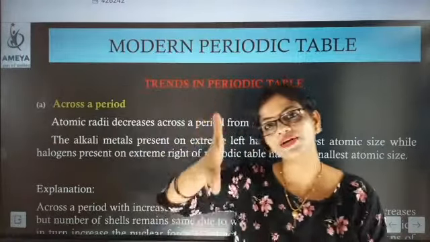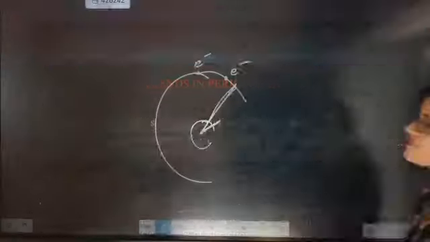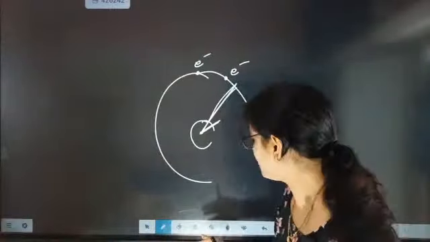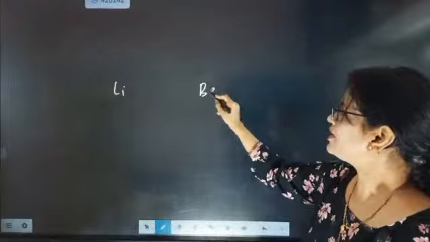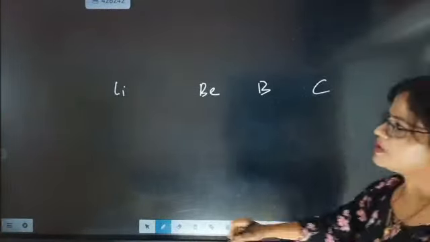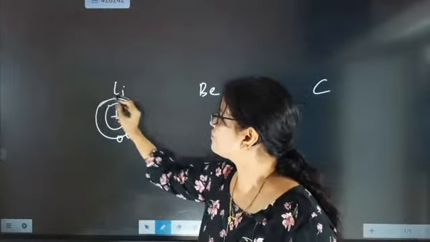You have to understand this part: across the period, that is the explanation you are going to give. Take lithium, beryllium, boron, carbon. Lithium has 2 electrons in the first orbit and 1 electron in the outer orbit. Boron has 2 electrons in the first orbit and 3 electrons in the outer orbit.